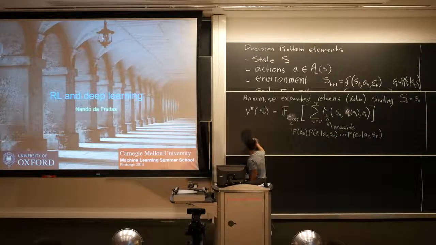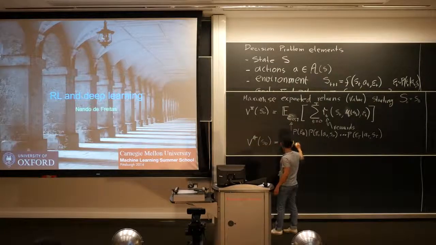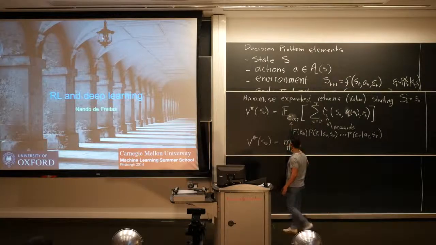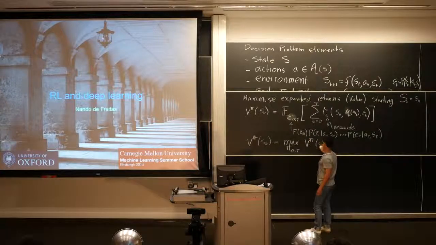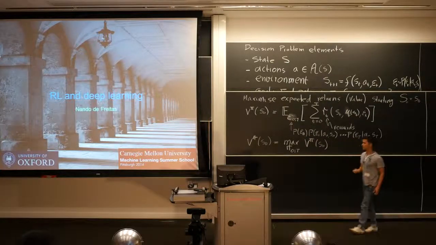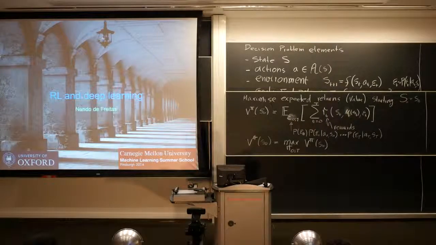We will define the optimal value function starting at state S naught to be the max over this policy of V pi of S naught. So it's basically the value function when you've chosen the best policy over all time steps.